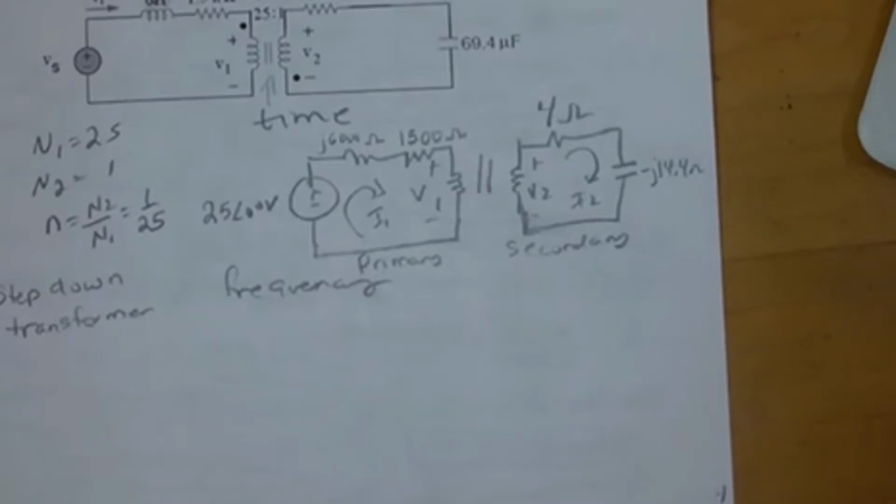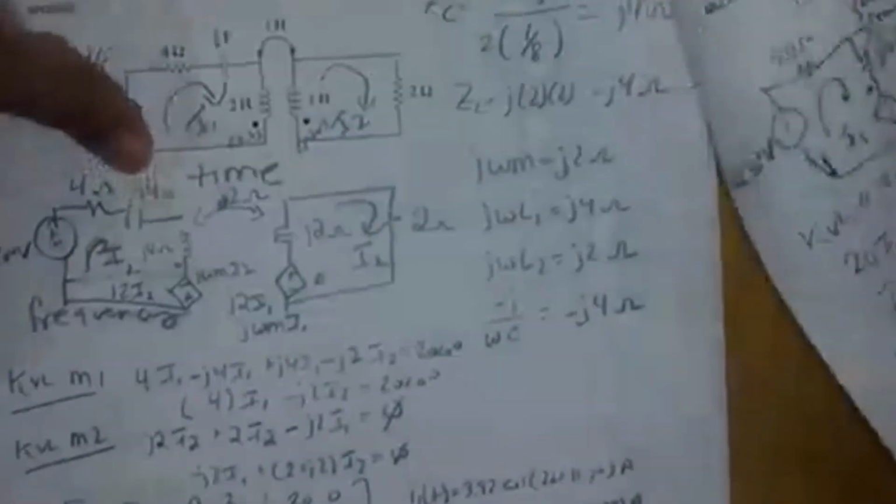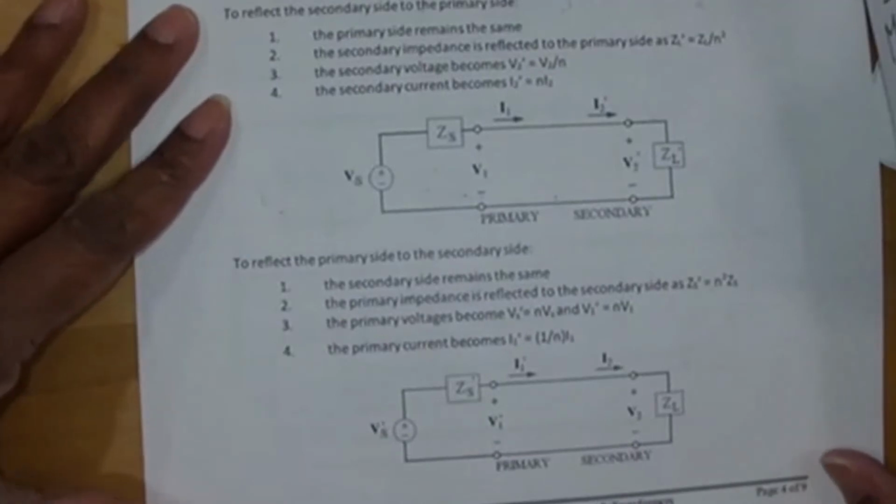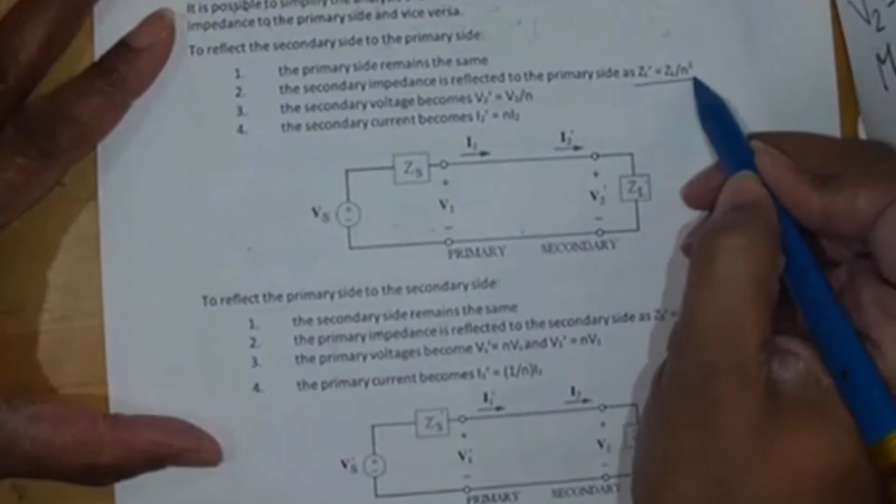So there's two ways to do these problems. You can solve it like it is, or you can reflect the primary to the secondary. We normally do reflecting. I gave you the formulas for these, right here on page 4. If I want to reflect the secondary to the primary, then I use these formulas here.